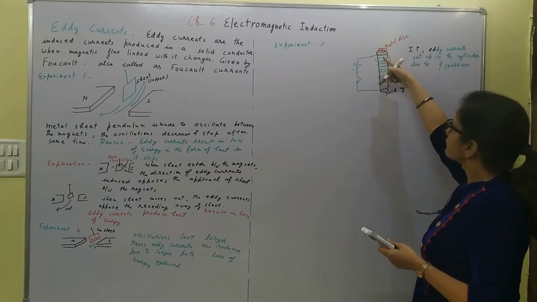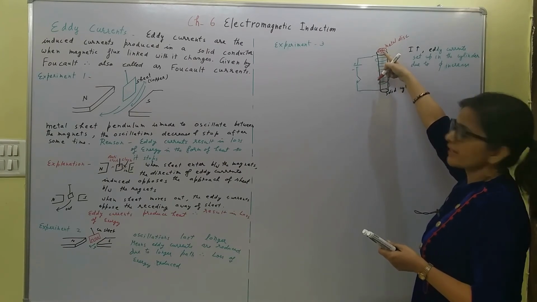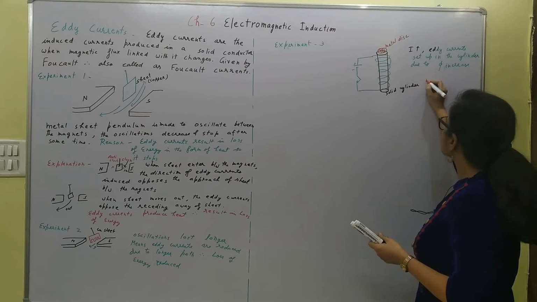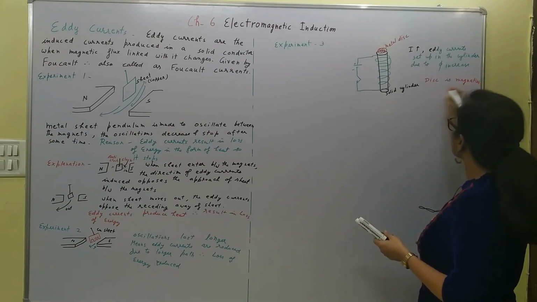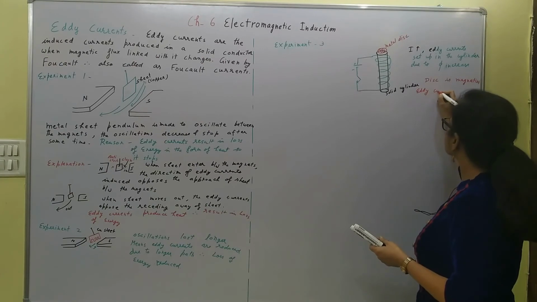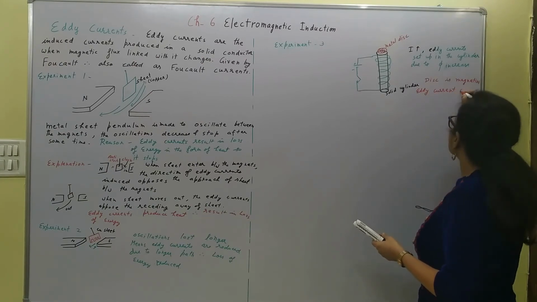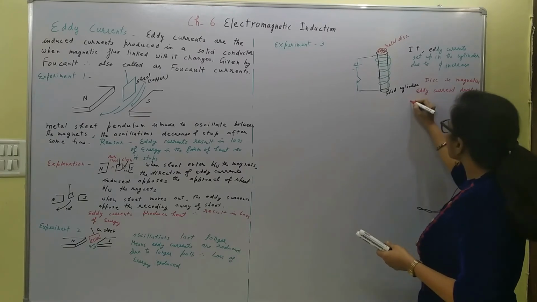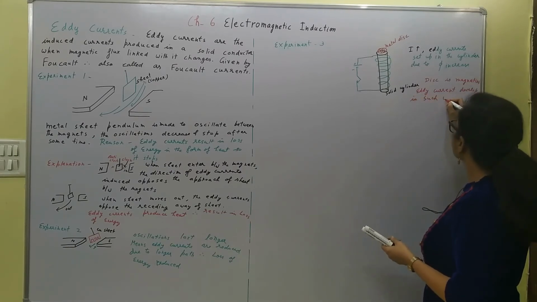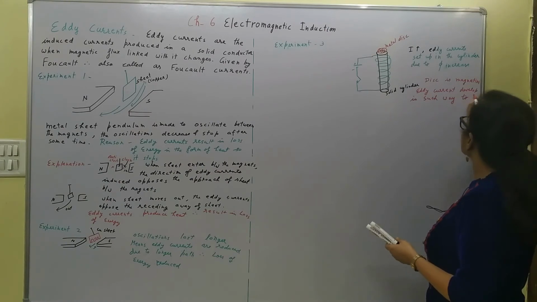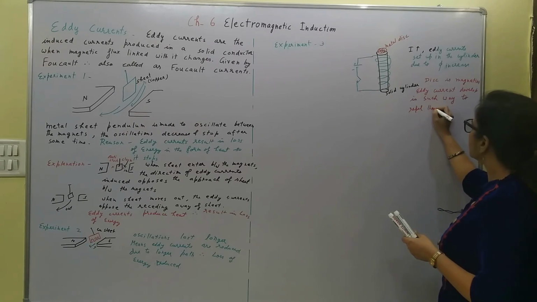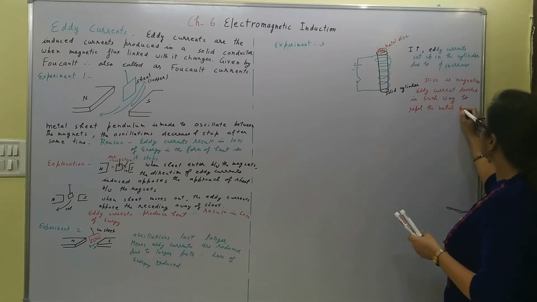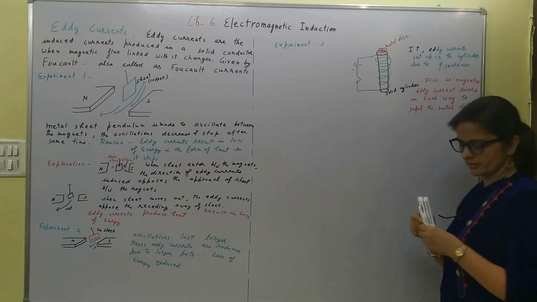So the disc is magnetized, and eddy currents develop in such a way as to repel the metal disc, right?